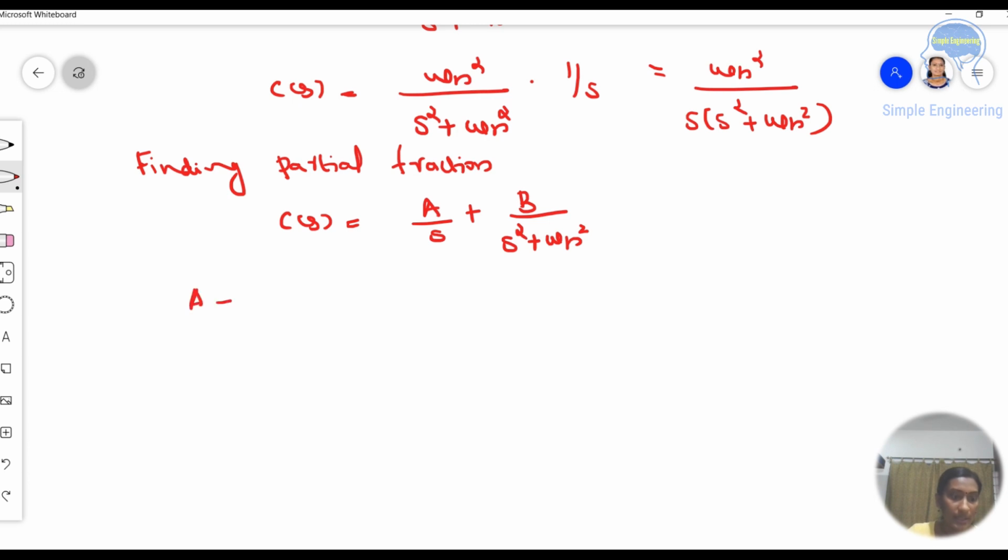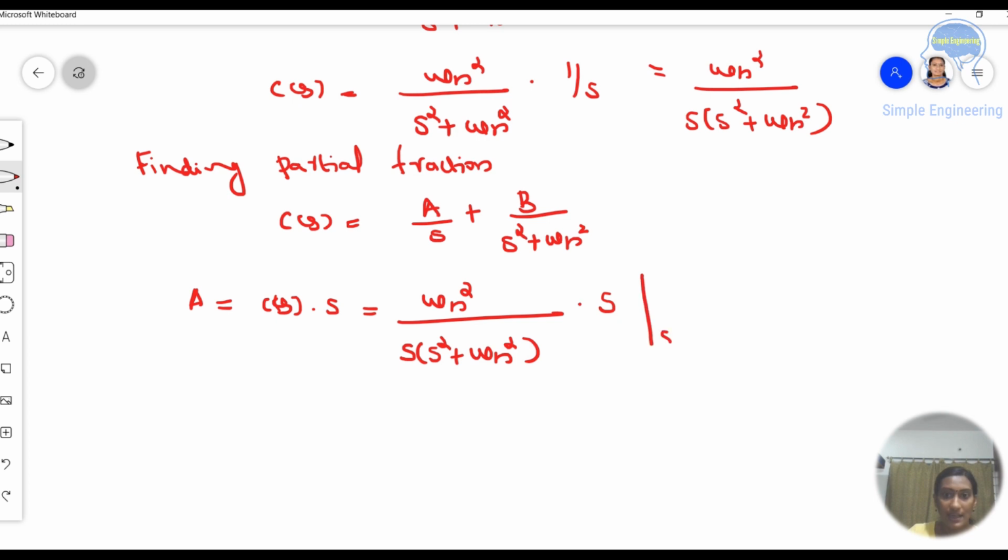A will be equal to C(S) into S. C(S) means omega n square / (S (S square + omega n square)), multiplied by S, and the condition is that S is equal to 0.